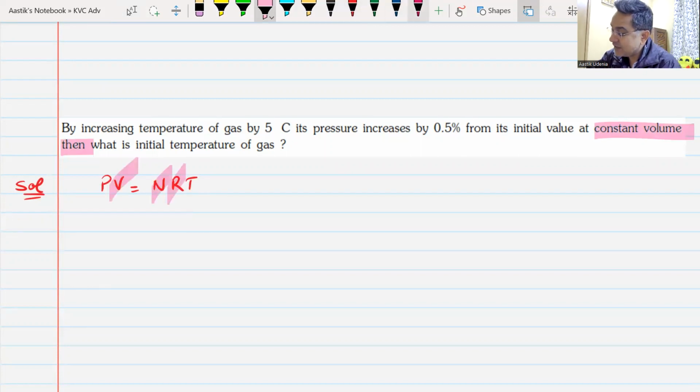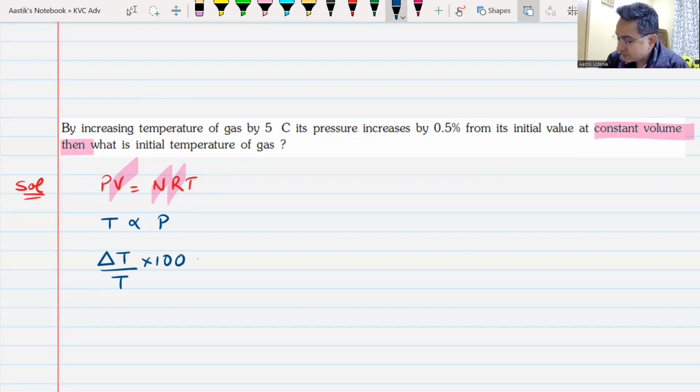So I can say in this condition, the temperature of the gas is directly proportional to P. Yes or no? Or I can write delta T by T into 100% will be equal to delta P by P into 100%.